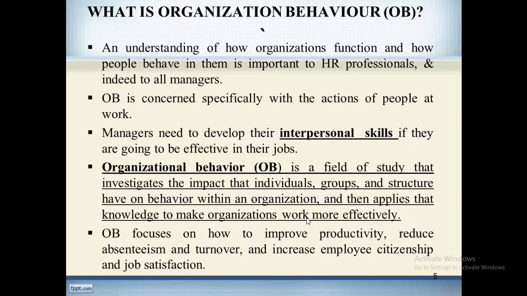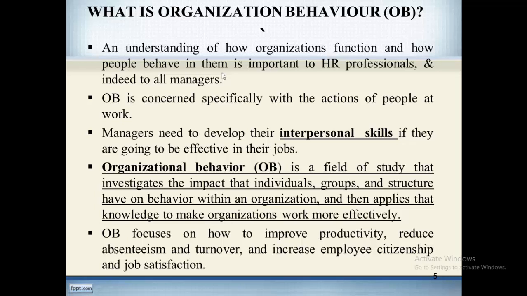Coming to the definition of organizational behavior, this is very important not only for HR professionals and the HR section of the organization, but for the management of all organizations, to understand how the organization functions, how it works, and how to behave with the people working in these organizations.